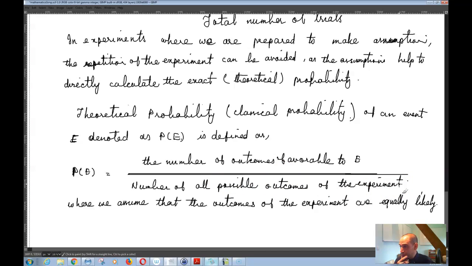So now let's see what that means. And from now on, at least in the rest of this chapter, we will refer to theoretical probability as probability. And this definition of probability was given by Pierre-Simon Laplace in 1795.